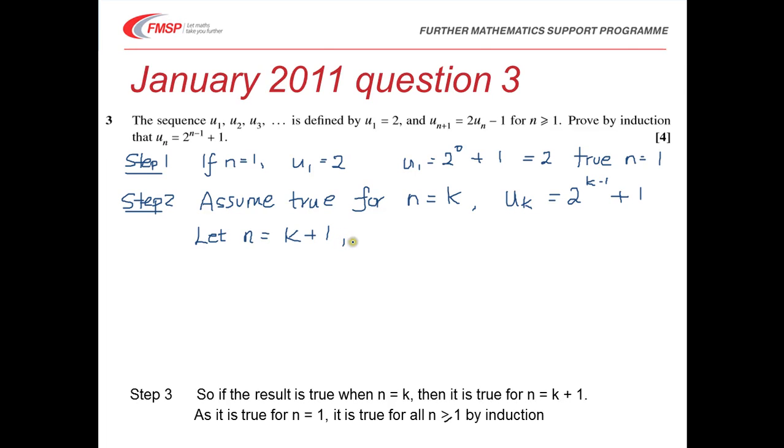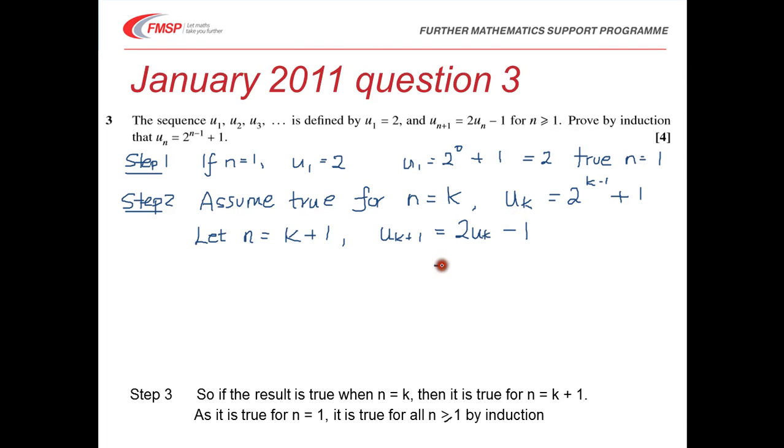Now in this particular case, what we'll need to do is use this recurrence relation, because that is the connection between the k plus 1th term and the kth term. So u of k plus 1 will be equal to 2u of k minus 1.